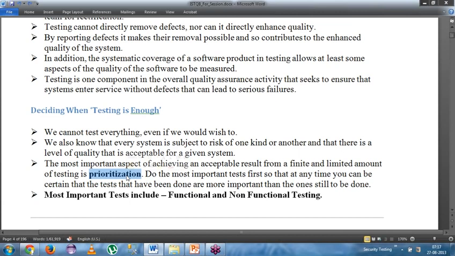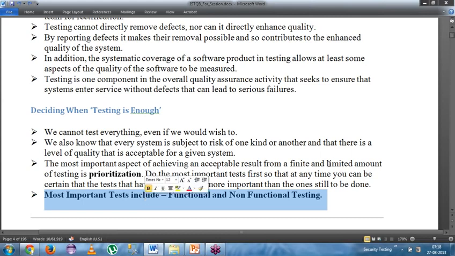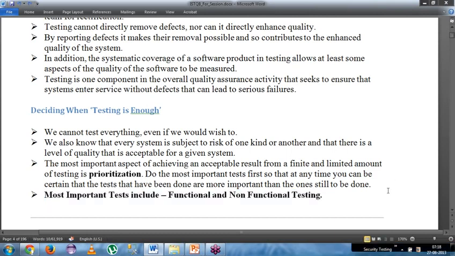The most complex things first, followed by high complexity, then medium complexity, and then low complexity test cases, which are not going to impact your system drastically. The most important tests include both functional and non-functional, but we need to prioritize or strategize our testing. Okay, fine. So team, any questions so far?